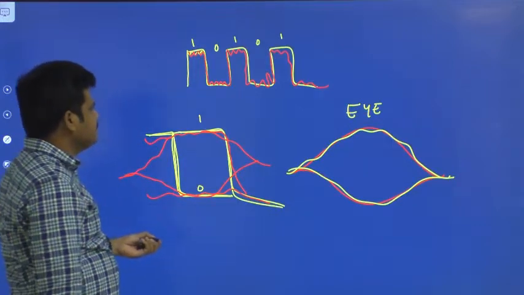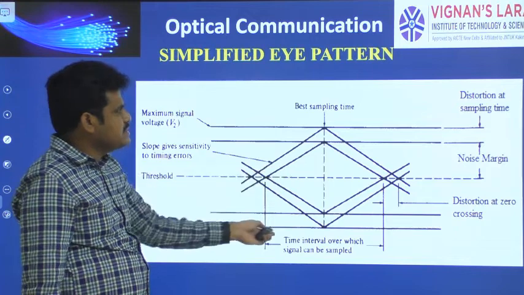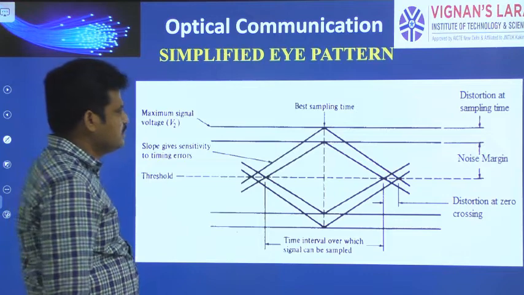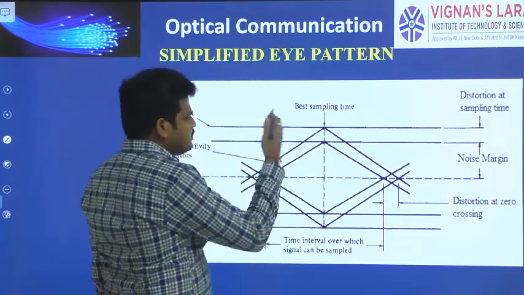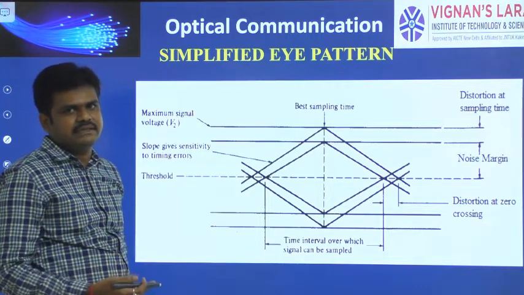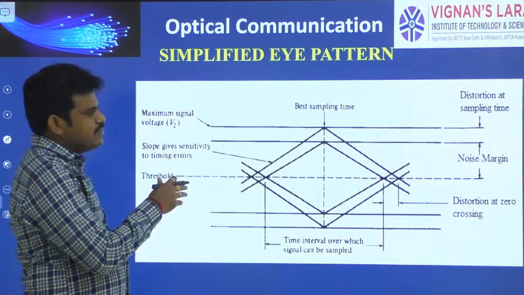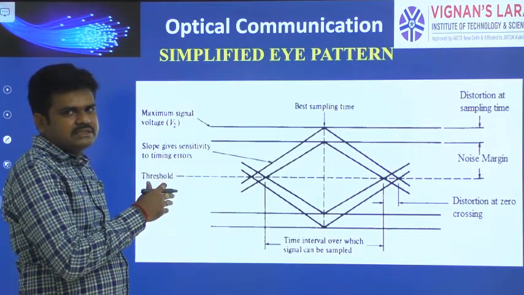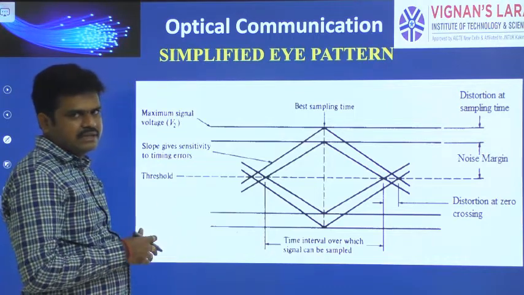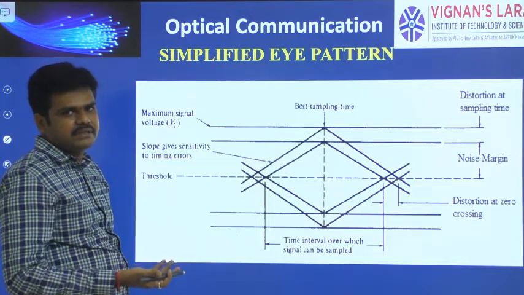For example, see here. A simplified eye pattern is shown here. You can observe various parameters of the optical link are shown on the diagram, like sampling rate, noise margin, and so on.